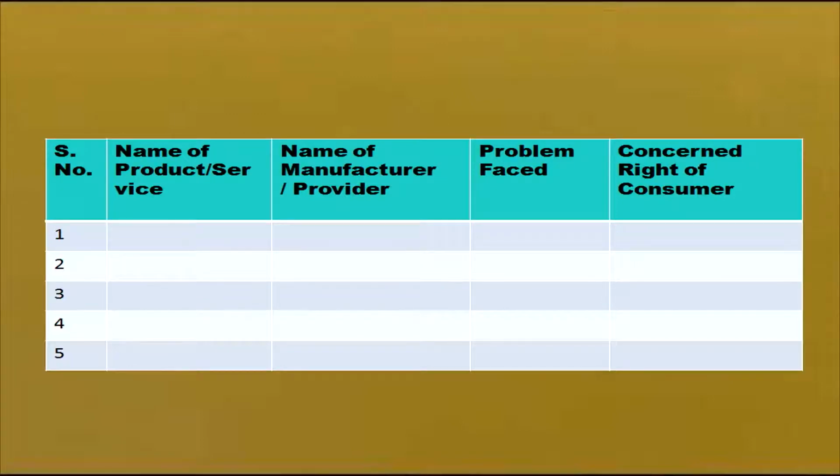Here the report is given in this format: serial number, name of product or service, name of the manufacturer, problem faced, and rights of the consumer. Right to safety: if any pressure cooker that you have bought is not up to standard, and you have faced any injury, you can write right to safety.